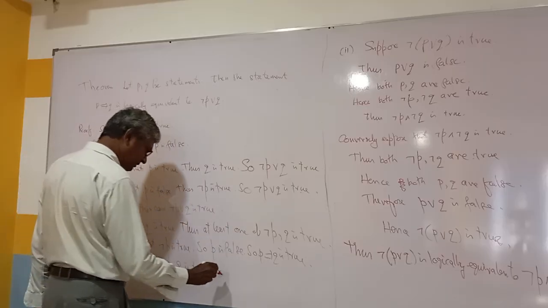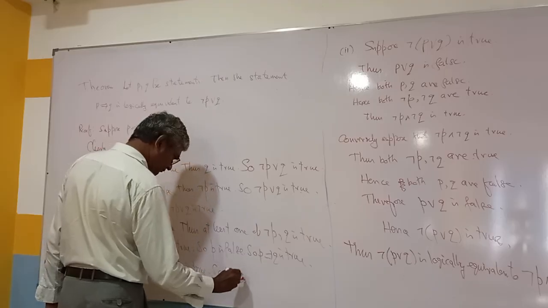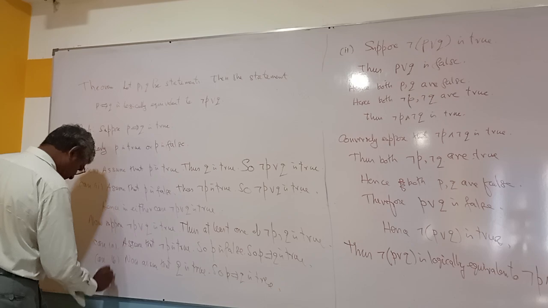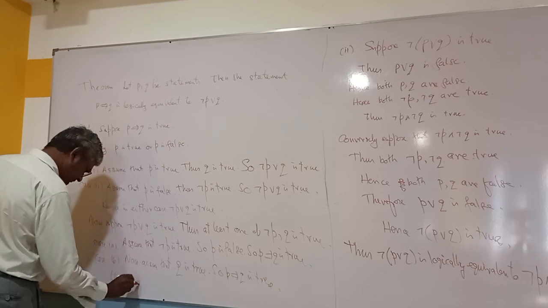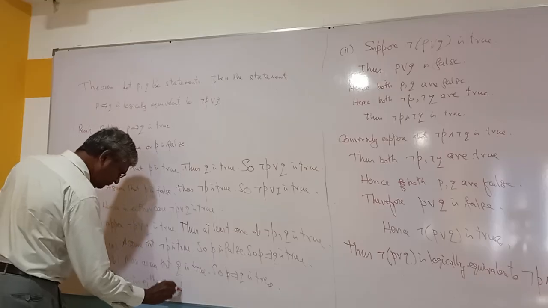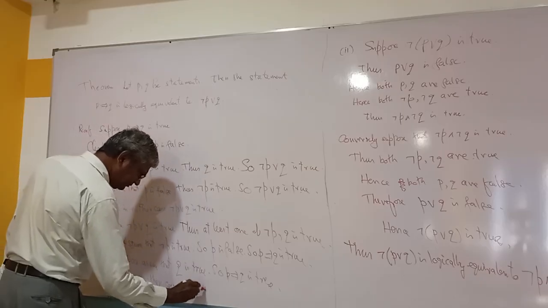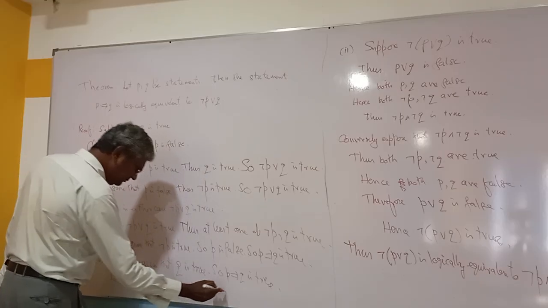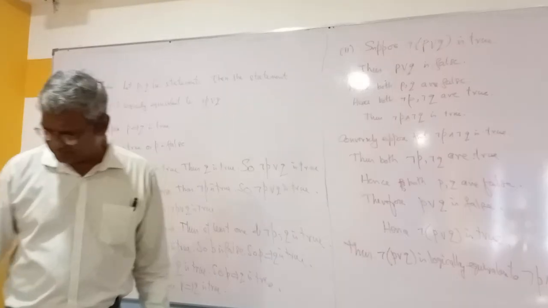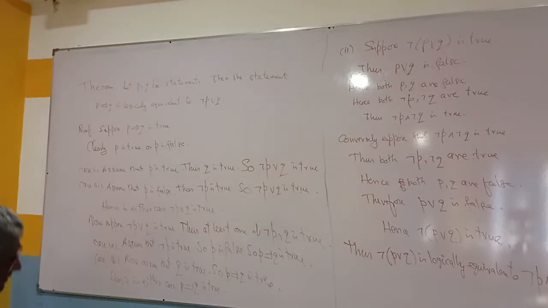So P or Q is true. Hence in either case, P or Q is true. I'm not writing the last statement, but I should have written that also, because your last statements are wrong in your homework.